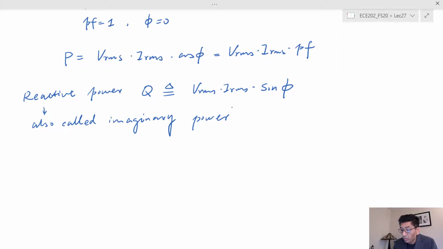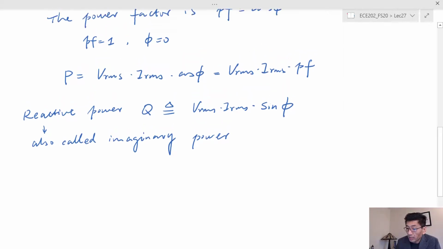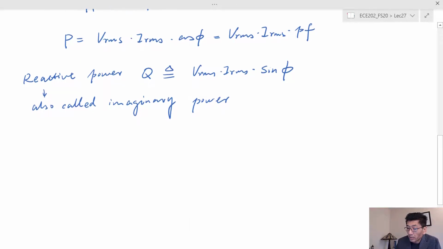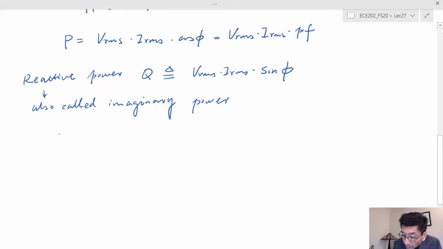Okay, and one thing I want to mention is for the power factor, we will see the power factor leading or lagging. I need to get that concept introduced.